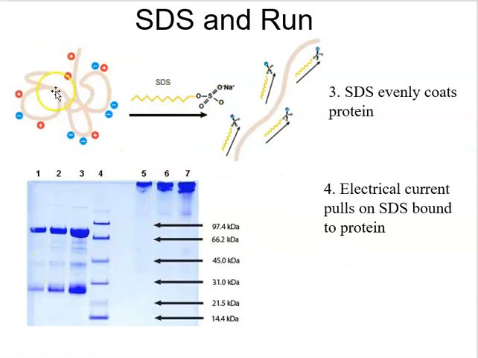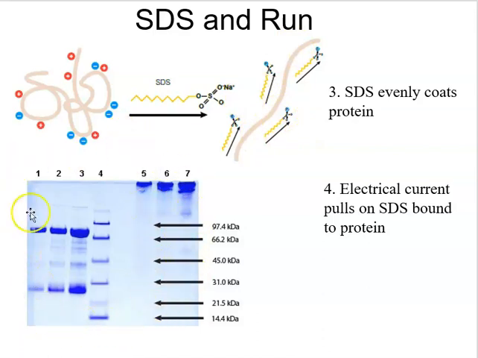So this is essentially what we're doing. We have this folded protein with all these different side chains that have different properties. We add sodium dodecyl sulfate, or SDS, which interacts with the backbone and gives it a general negative charge. The end of the SDS is negatively charged, and it evenly coats the peptide, and then the electrical current helps pull the proteins through the gel.